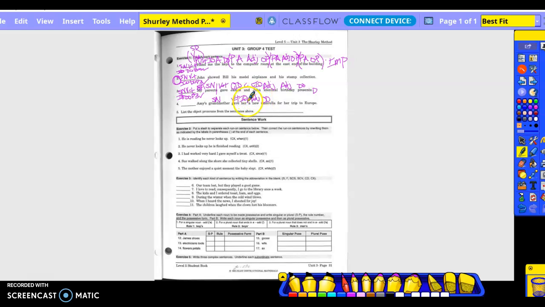Okay. For what? Whose trip? What kind of adjective? A possessive pronoun adjective, right? Okay. To what? Okay. Whose grandmother?